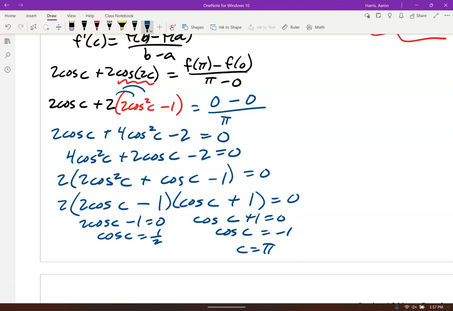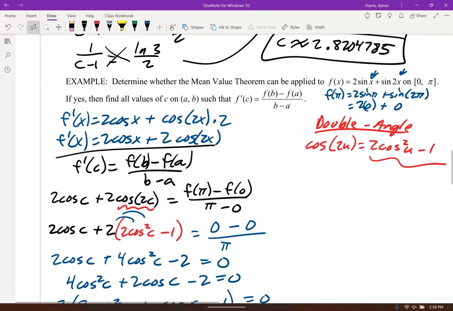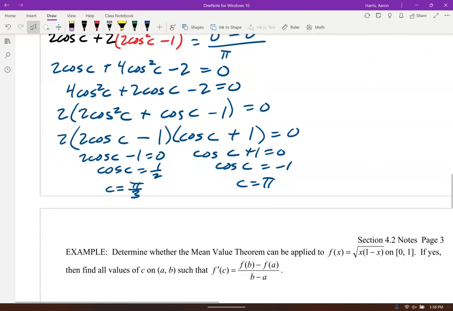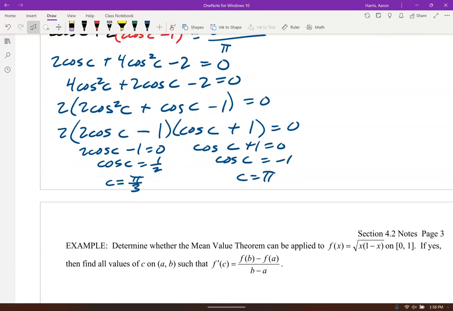I'd look on my unit circle again and say, well, that's got to be pi thirds, right? Cosine of pi thirds is a half, because I'm looking in this interval just from 0 to pi, between 0 and pi. So both of these would be in my interval.